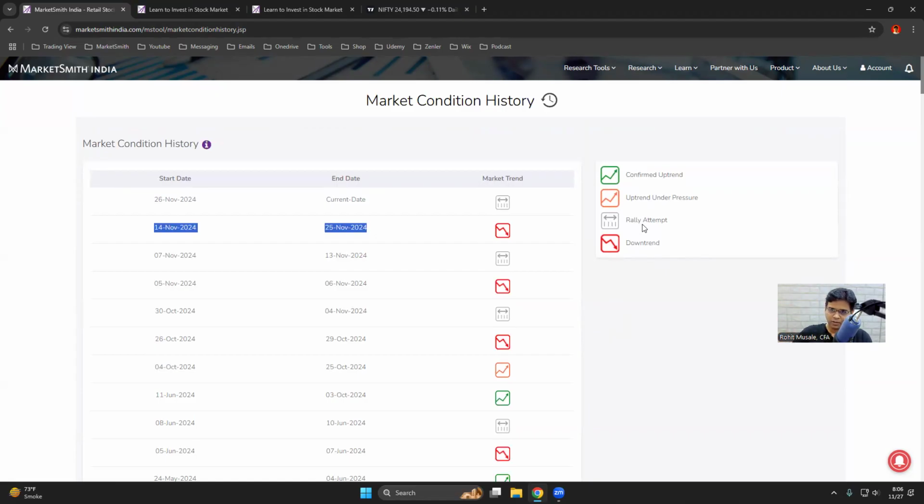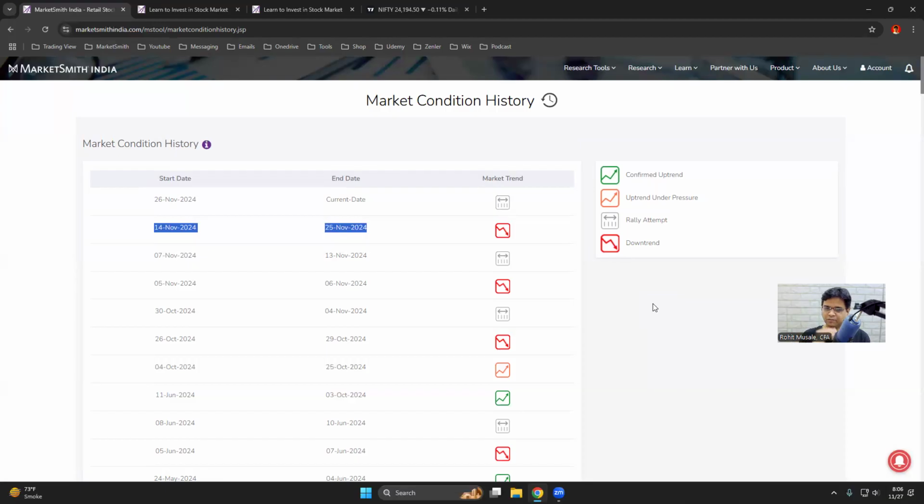So now I hope you understand rally attempt means 3 closes after the recent low. Then downtrend means the index is 5 to 7% or more below the latest high, maybe it is below the 50-day and the 200-day, and there are roughly 5 to 6 distribution days over a period of 4 to 5 weeks.